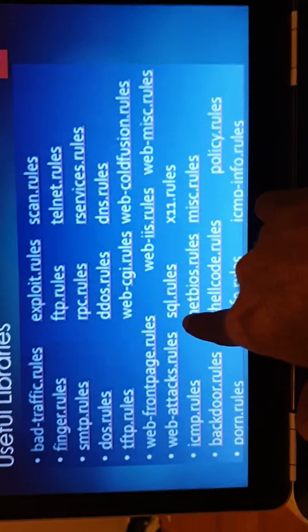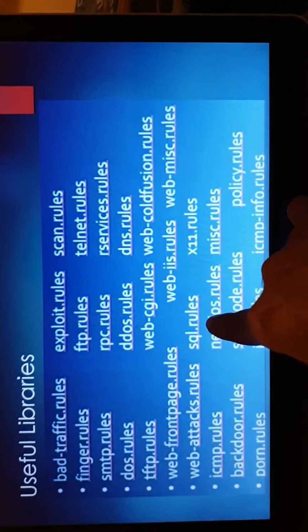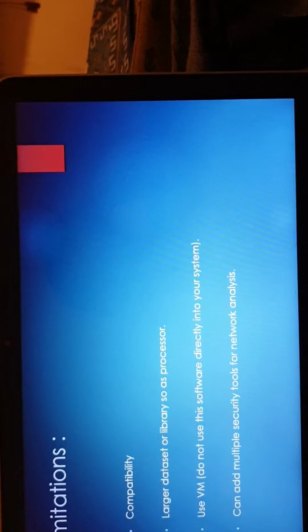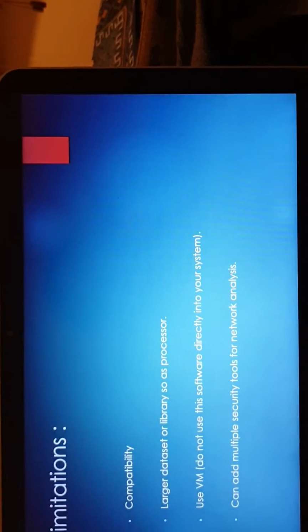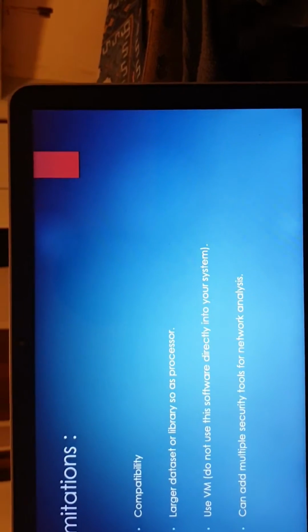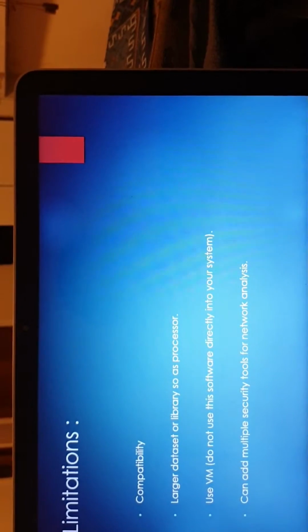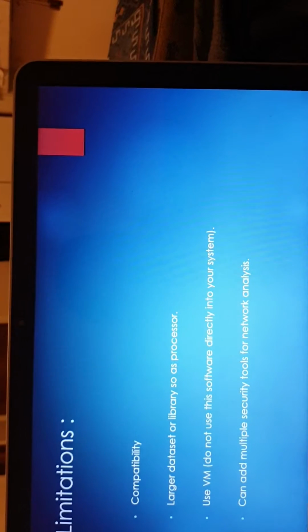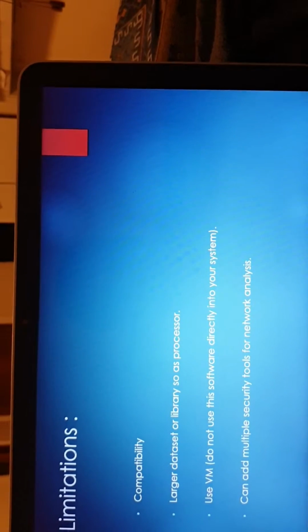And there are some web based rules, which are SQL rules. There are some limitations to using this system. Our main system could be affected if we use it directly, so we should do it on a virtual machine so that our system cannot be hacked.